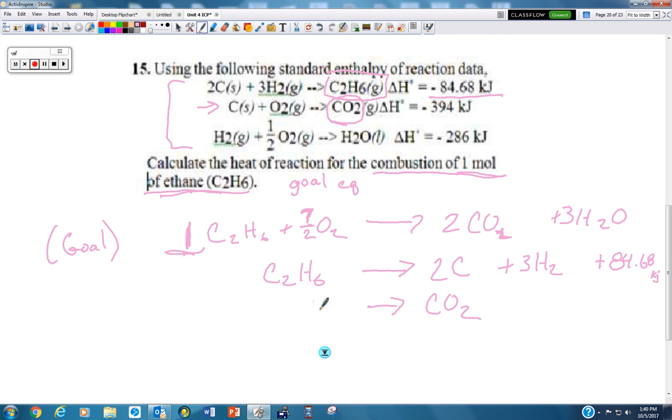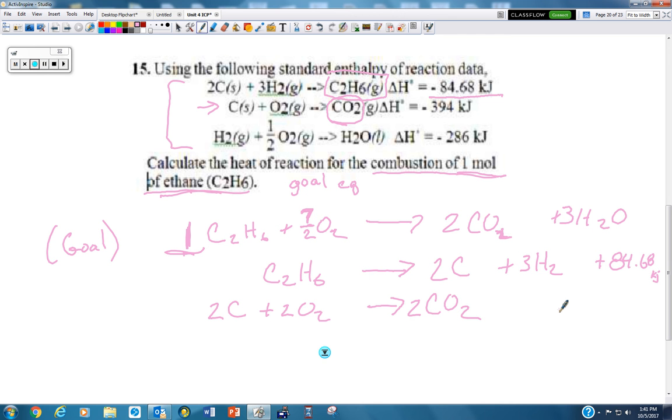CO2, and that's telling me that I have carbon plus oxygen. I don't need to make any changes, but look at our goal equation. How many carbon dioxides do they have? 2. So I need 2 carbon dioxides, which means 2 oxygens and 2 carbons there.